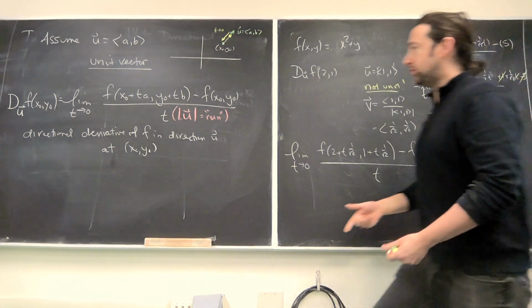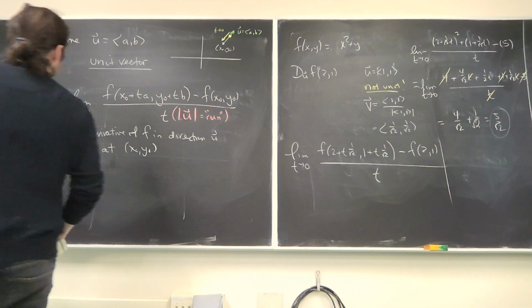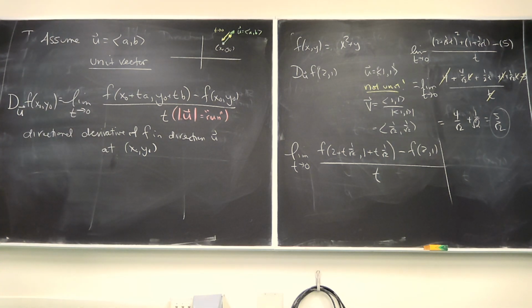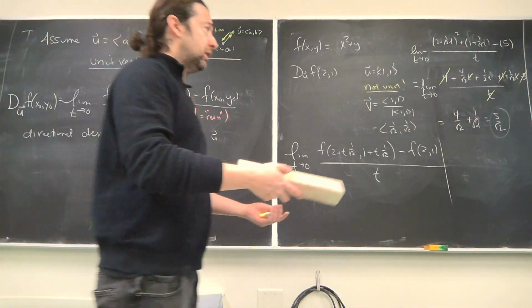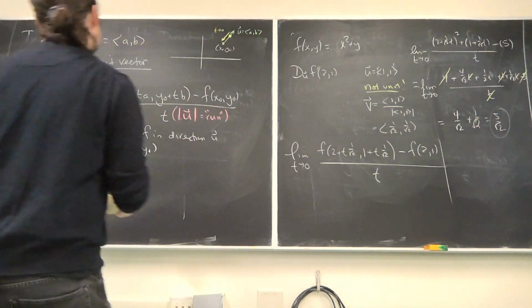Okay, so the thing to notice here is that we can actually use the gradient to do this. The reason we can use the gradient to compute these things isn't totally obvious from a computational standpoint.